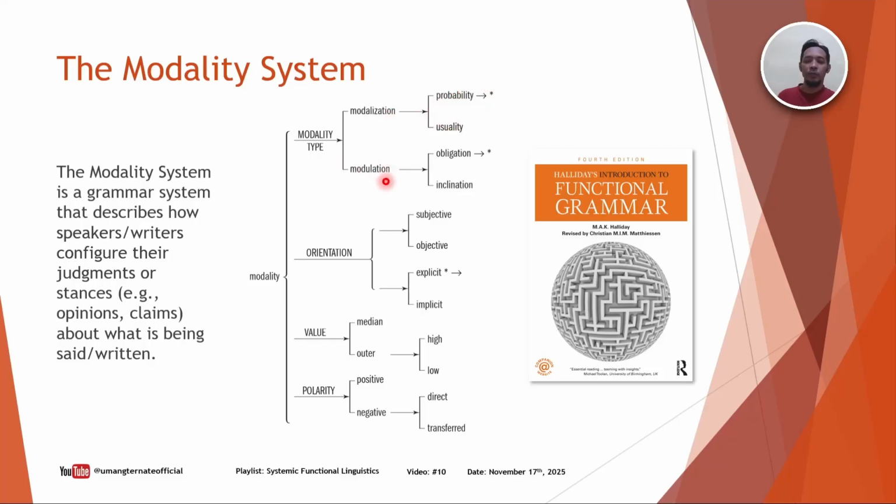Meanwhile, modulation or deontic modality is divided into obligation and inclination. Probability and usuality, as we will see, are associated with the exchange of information, meanwhile the obligation and inclination or the modulation or the deontic modality is associated with the exchange of goods and services.